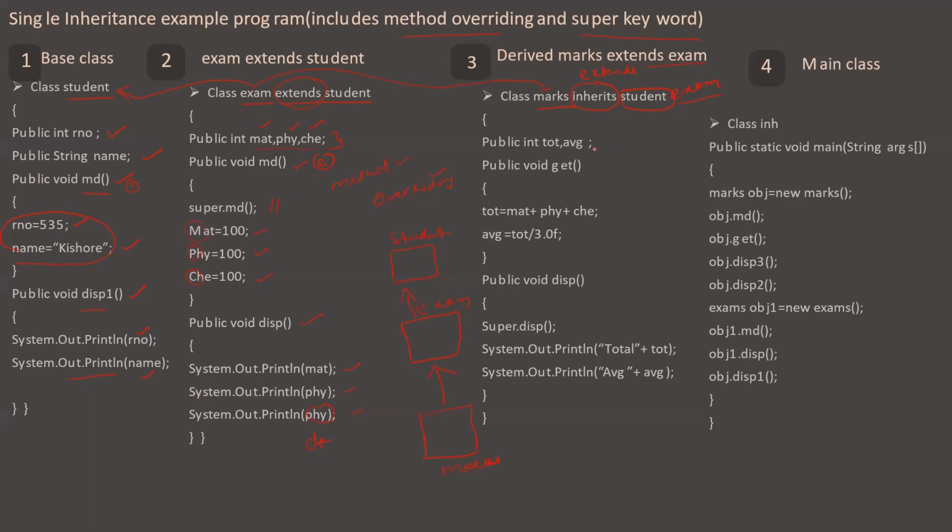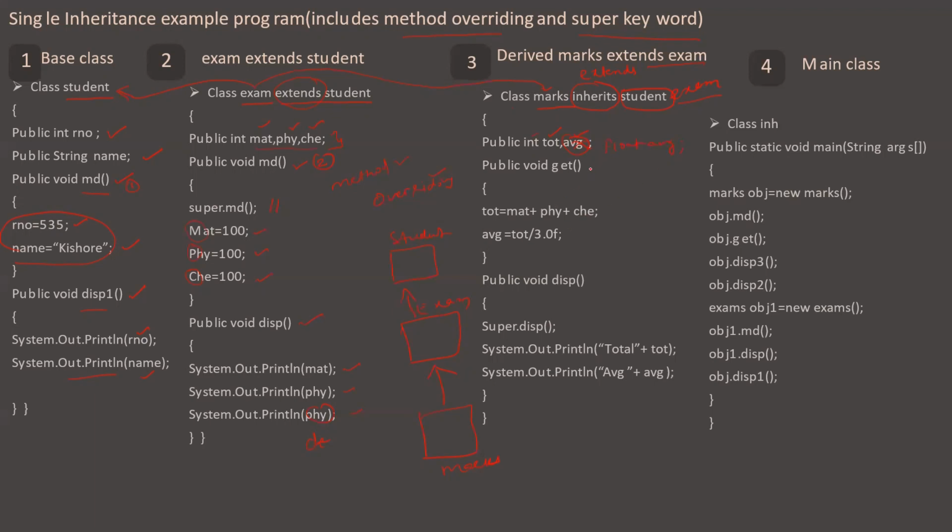In this marks class I'm going to create two variables, int total and average. You can take average as float, no worries. So instead of an integer average, I'm going to declare float average.